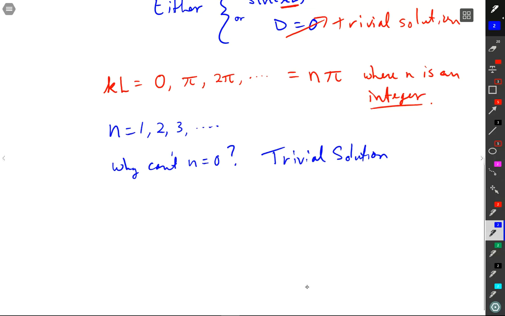So now if n is a positive integer, then I have kl is equal to n pi. What good does that really do me? It does me a huge amount of good. This is an important question. What good does that do me?